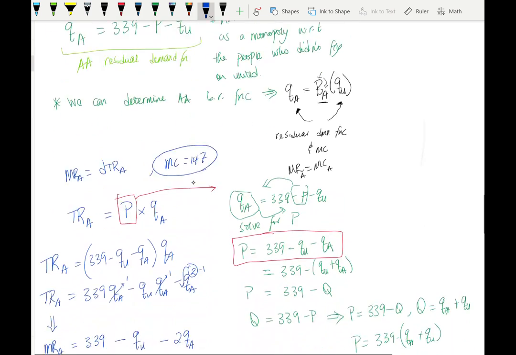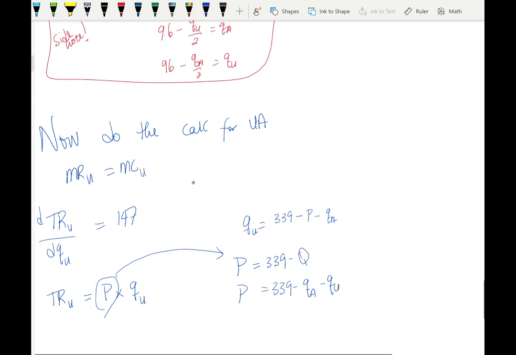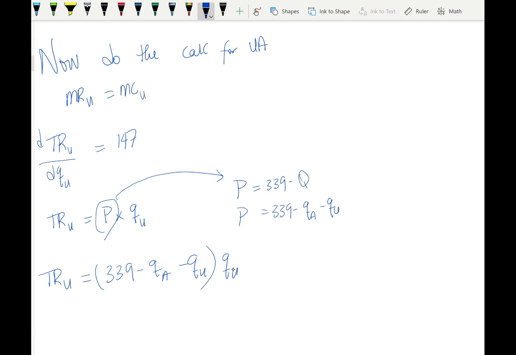So the total revenue for United would be equal to 339 minus QA minus QU times QU.